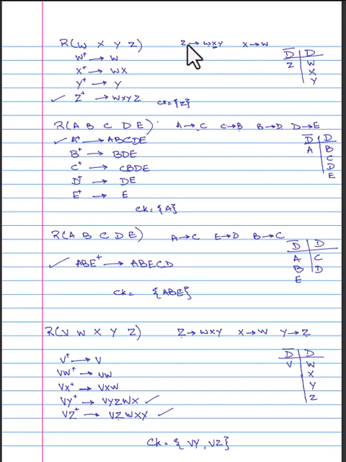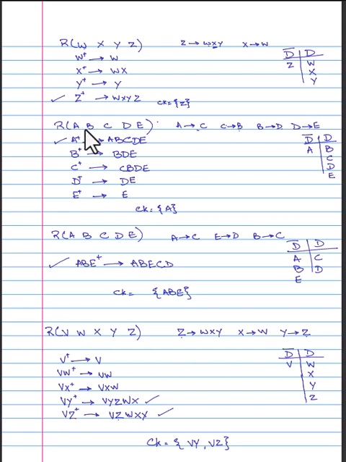This means Z identifies W, X, Y, and Z. This means Z is the candidate key, so it will be the only default primary key. The candidate key and primary key both will be Z.